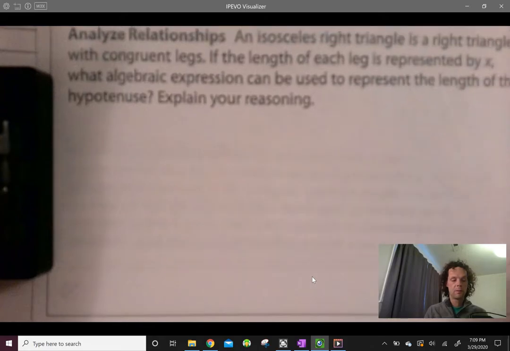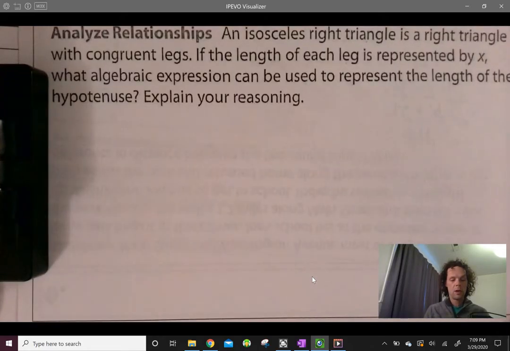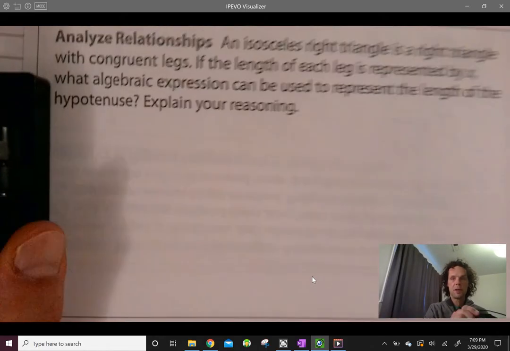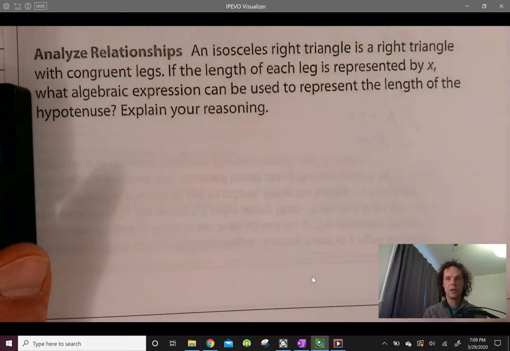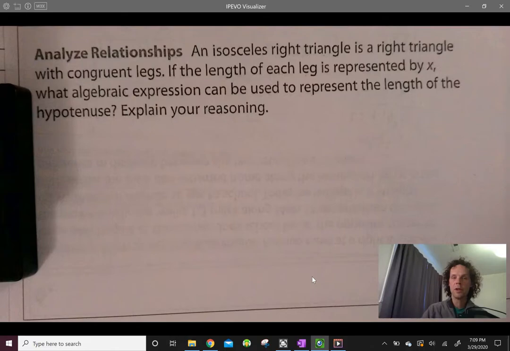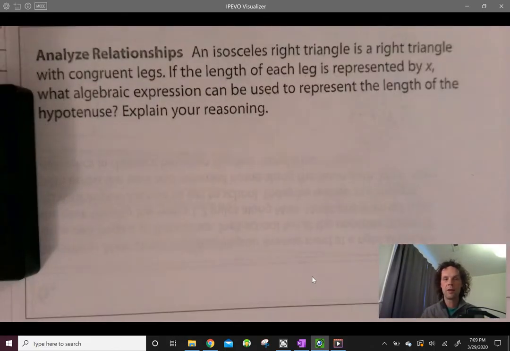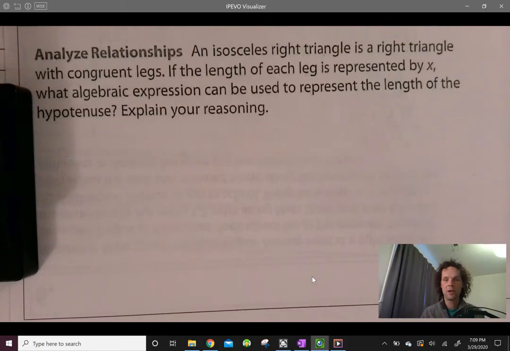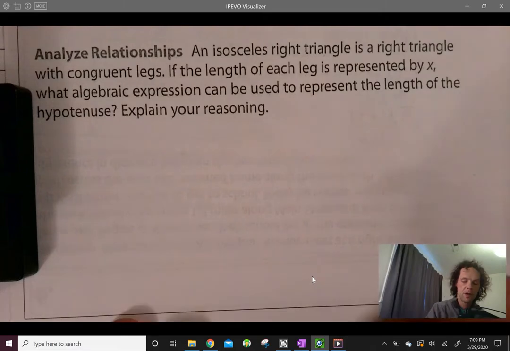Let's see here. We're going to analyze relationships. An isosceles right triangle is a right triangle with congruent legs. So those legs are equal in length. If the length of each leg is represented by x, what algebraic expression can be used to represent the length of the hypotenuse?